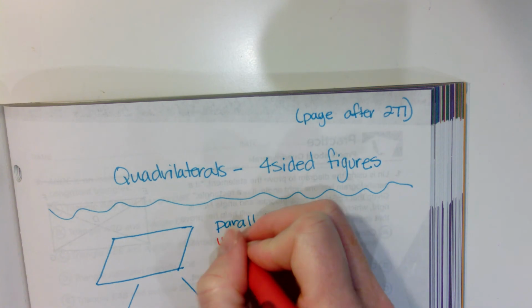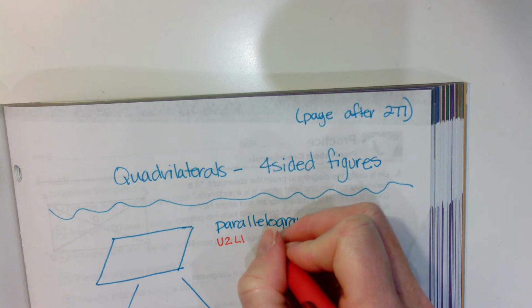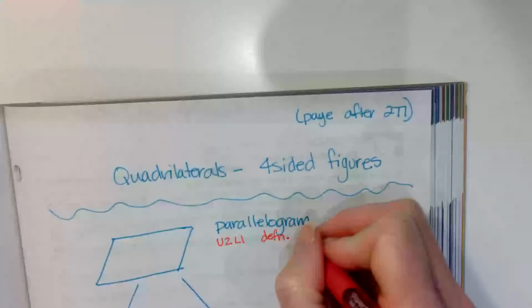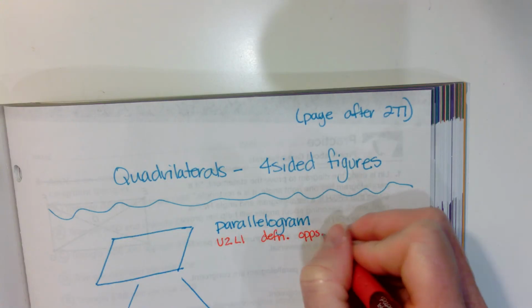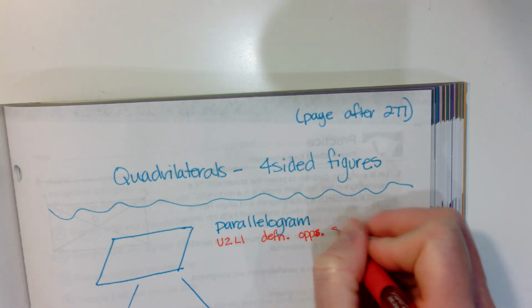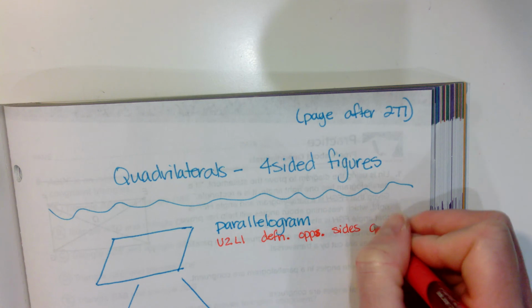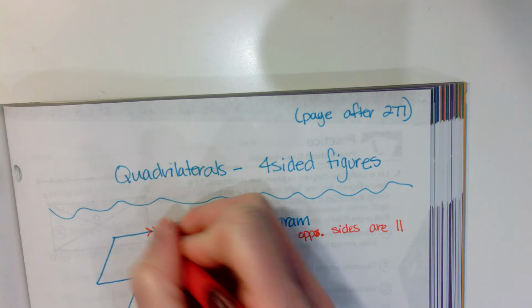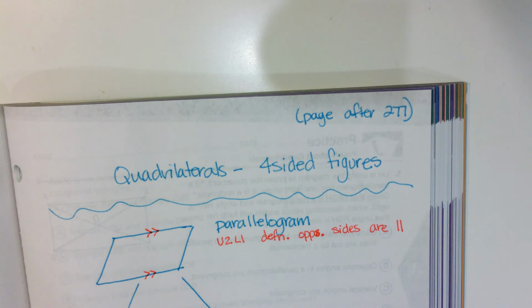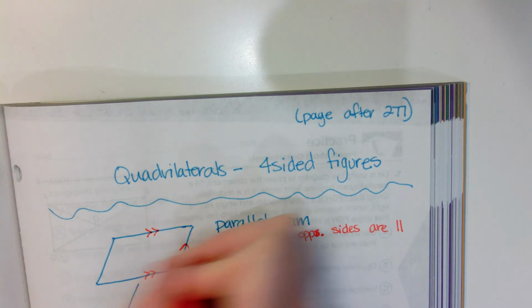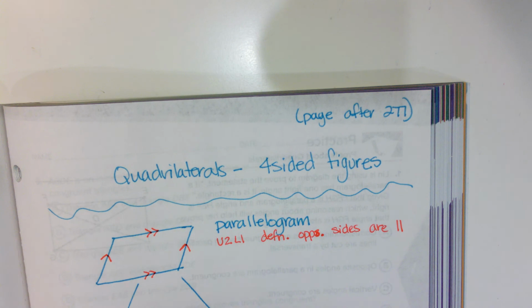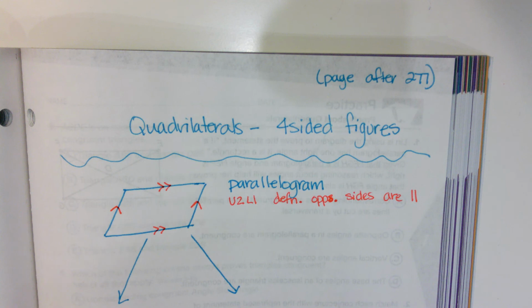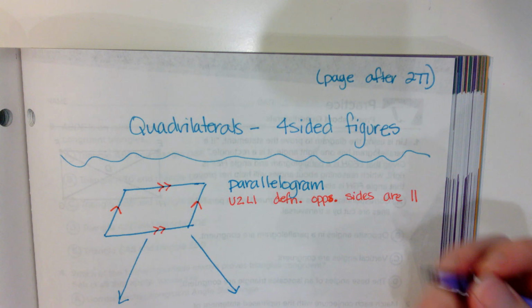In Unit 2, Lesson 1, we learned the definition of a parallelogram is that opposite sides are parallel. So let's mark our parallelogram showing that the top and the bottom, for instance, are parallel and my 2 sides are parallel.